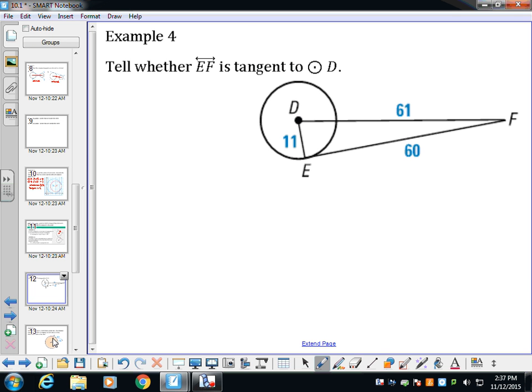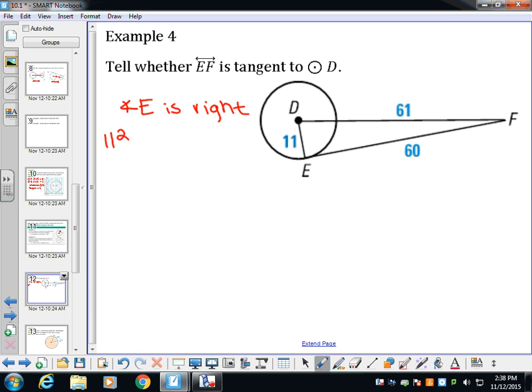Tell whether EF is tangent to circle D. Well, I would simply use the Pythagorean theorem and see if this is truly a right triangle. So I want to see if angle E is right.